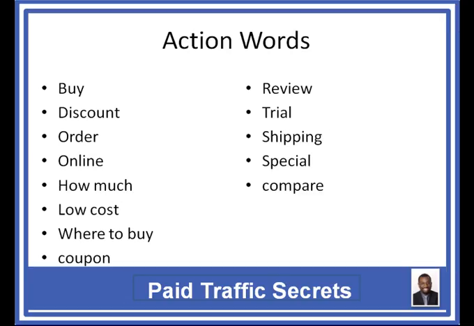So what happens is this: if someone types in the words buy and somewhere in that keyword phrase it's got weight loss, discount weight loss products, order weight loss products online, how much is it weight loss products, we know what they're trying to do. Those action words signify that they are looking to buy something. So below this video, I will have a link to a file where you can download more of these action words. So you don't have to worry about writing them all down. They will be in a file below this video.